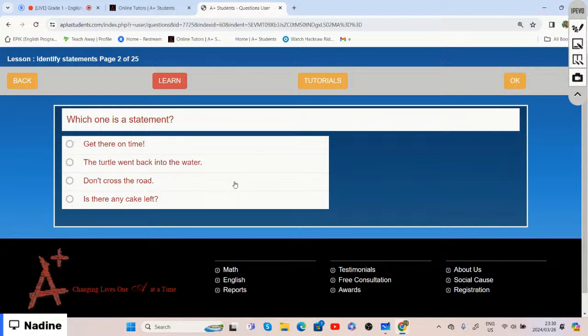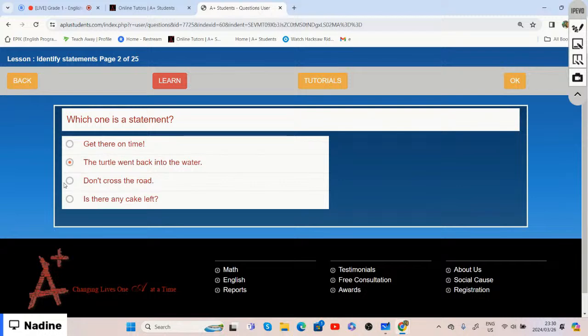I'm going to read option three for you. It says, don't cross the road. If somebody tells you, don't cross the road, then it means that they're commanding you to not cross the road. Which means that we are going to choose the second option. Because remember, we said a statement is where you're basically just telling someone about anything. So here they are randomly just saying the turtle went back into the water.